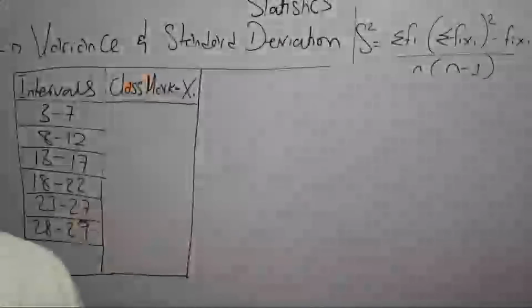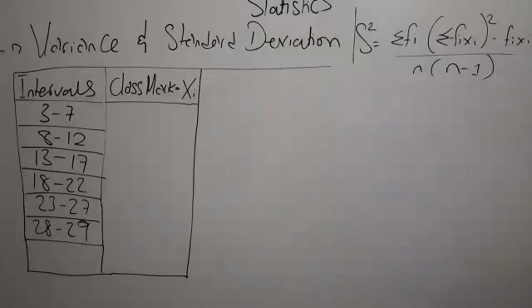What is the xi for the first interval, whereby we have 3 and 7? Our first interval.